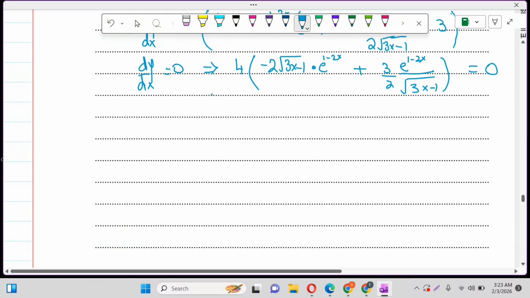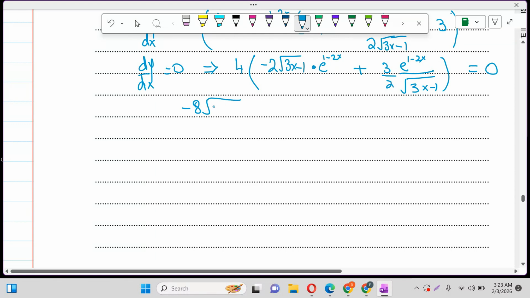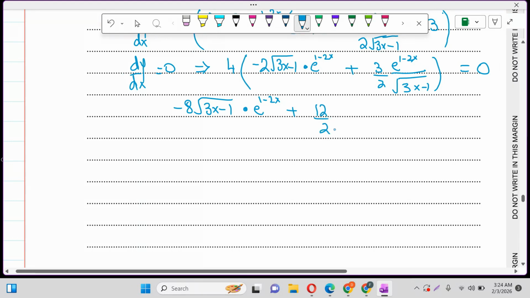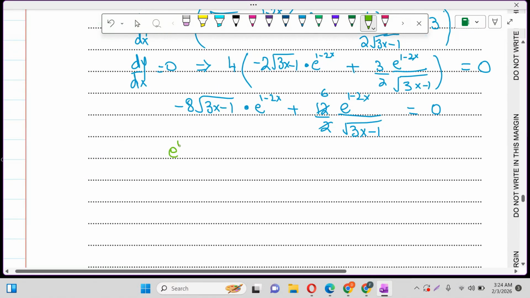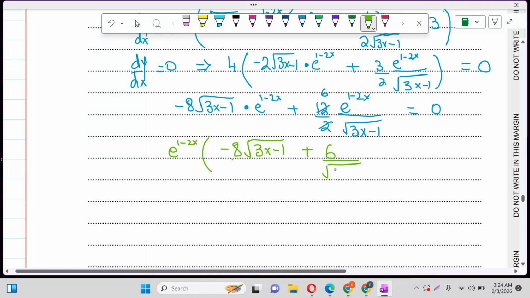When we multiply by 4, we will have negative 8 √(3x - 1) times exponential of (1 - 2x) plus 12 over 2 exponential of (1 - 2x) over √(3x - 1) equal to 0. This one is 6. Taking the exponential term common, we will have exponential of (1 - 2x) times [negative 8 √(3x - 1) plus 6 over √(3x - 1)] equal to 0.